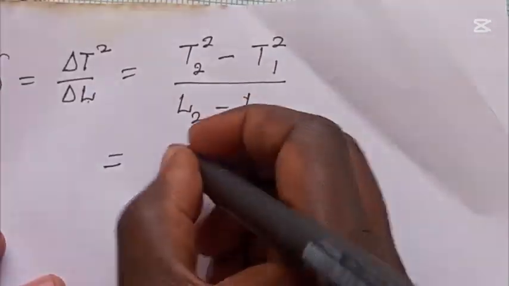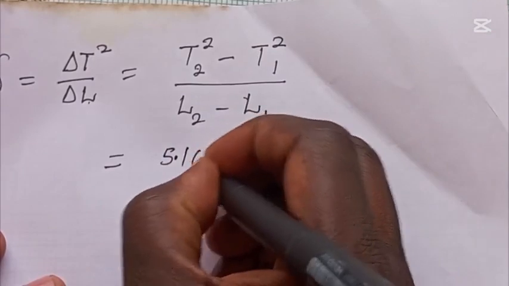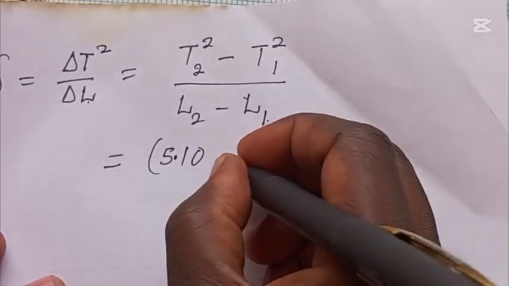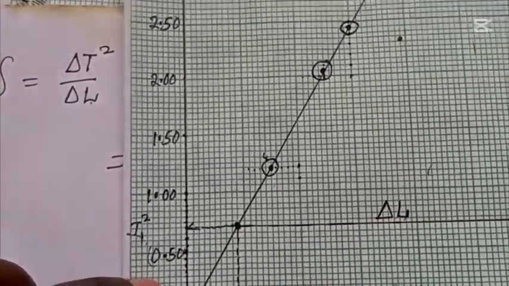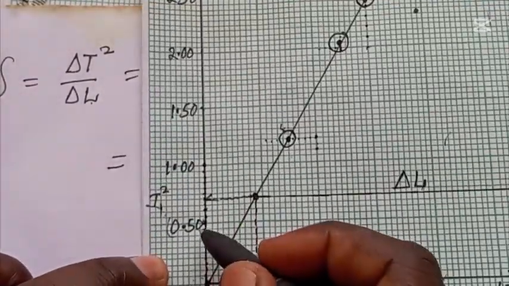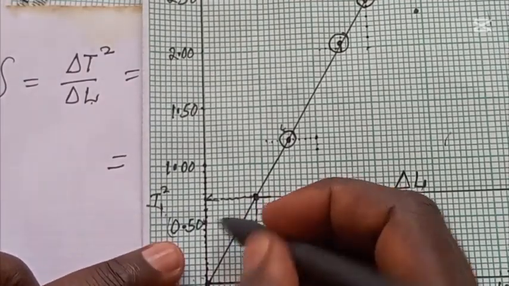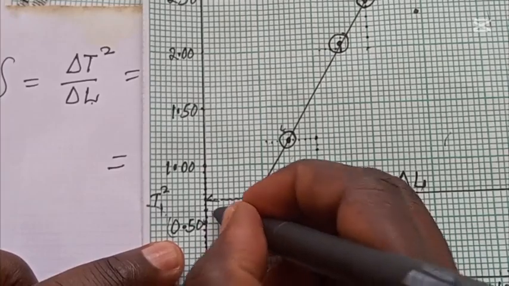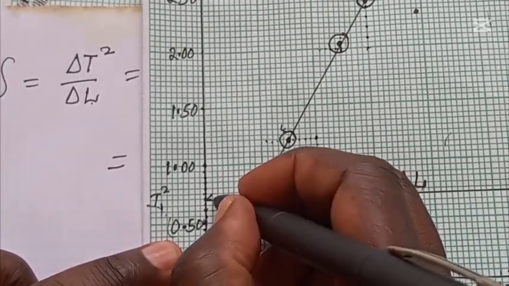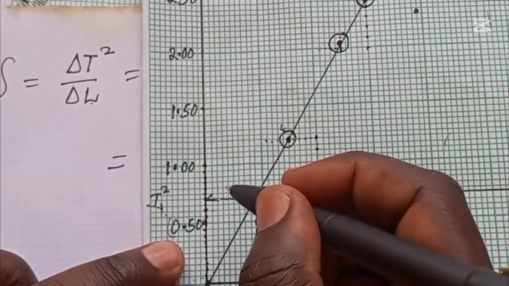So your T2 is 5.10. Let me open bracket, and then minus T squared 1. Okay, T squared 1, look at it here. This is 0.50, then two divisions will be 0.6, two more divisions will be 0.7.